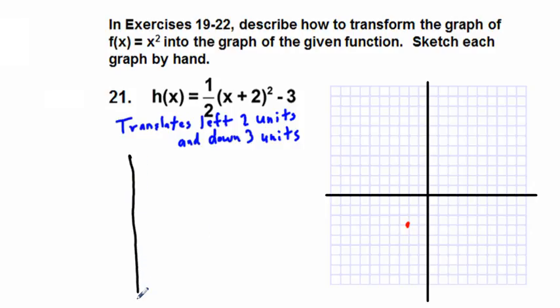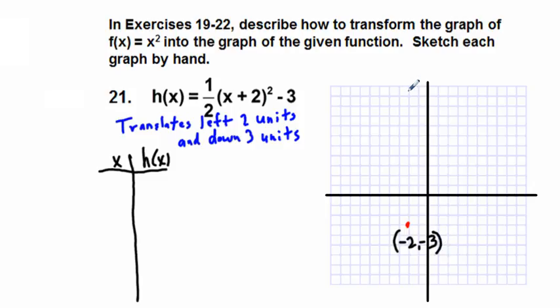Now, we're going to do our little table. We have x and we have h of x. And we know our coordinate pair for our vertex is going to be, as we mentioned, (-2, -3). So that's our coordinate pair for our vertex.